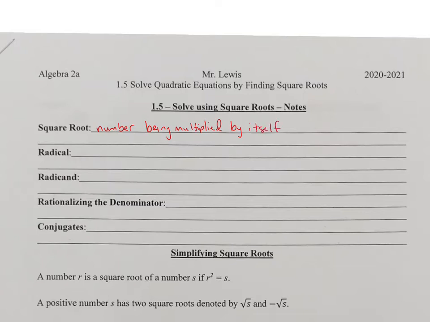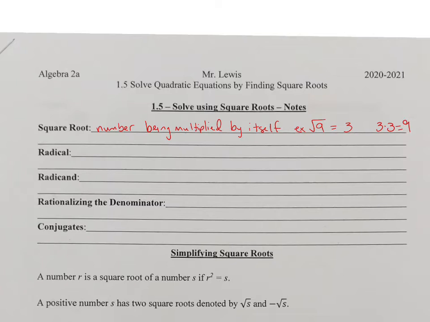So for example, if I said, what is the square root of 9? The square root of 9 is equal to 3, because 3 times 3 is 9. So a square root is basically trying to figure out what number can be multiplied by itself to give you whatever answer you're looking for.